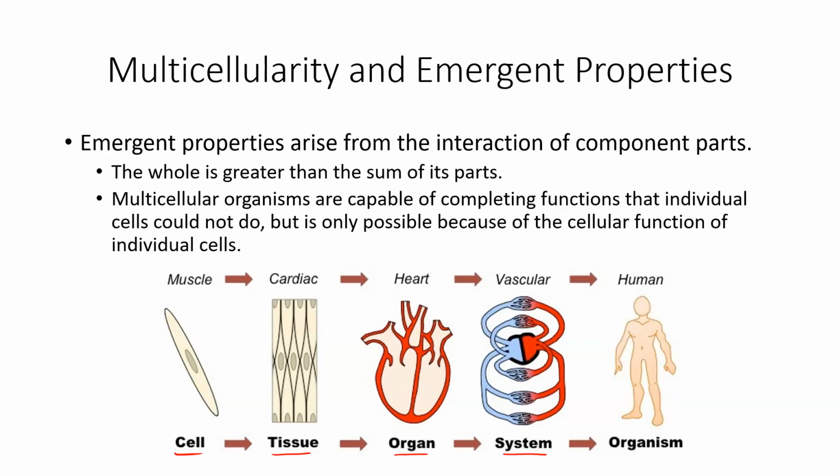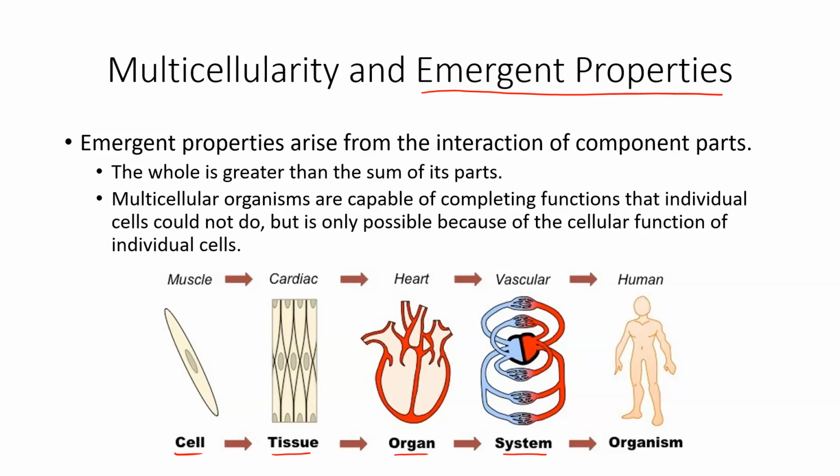Does that make sense? So that is the emergent properties. An individual organism, I've said it numerous times, can only do the functions that an organism can do as the result of being produced from preceding organizational levels.